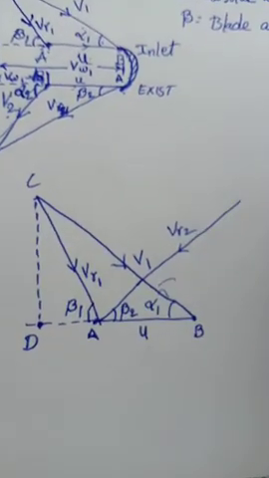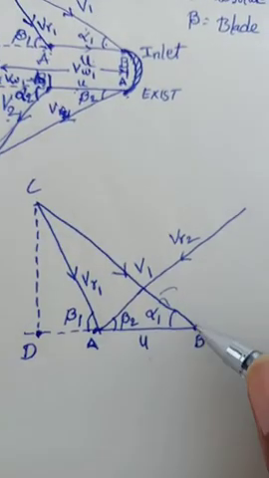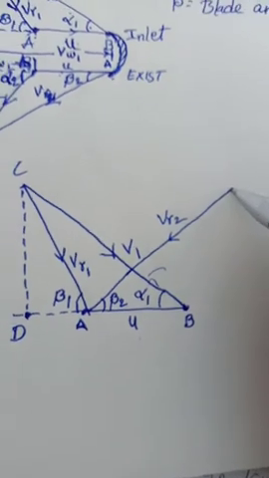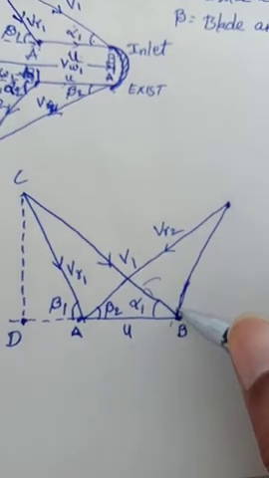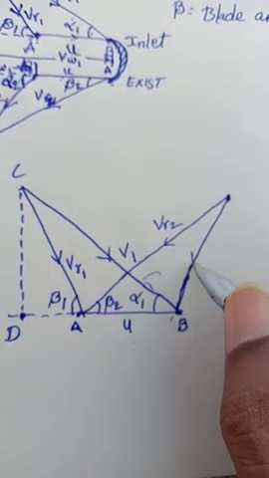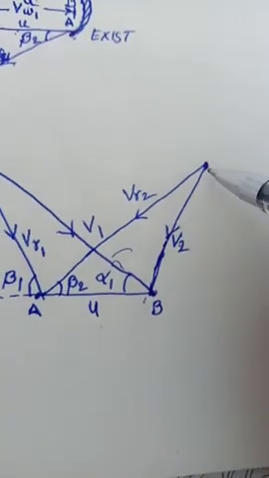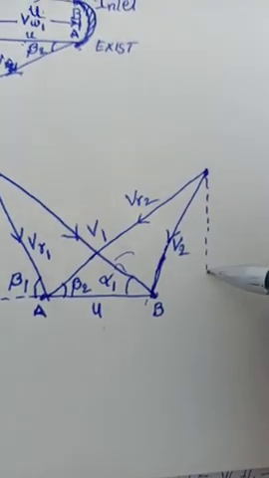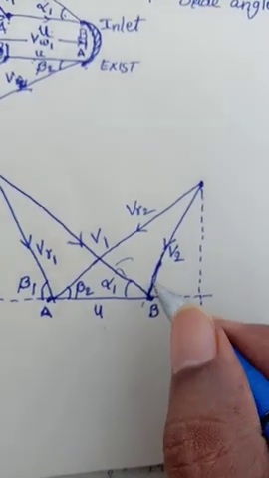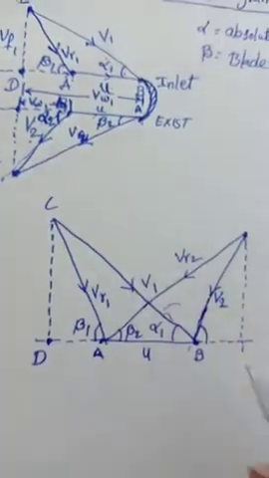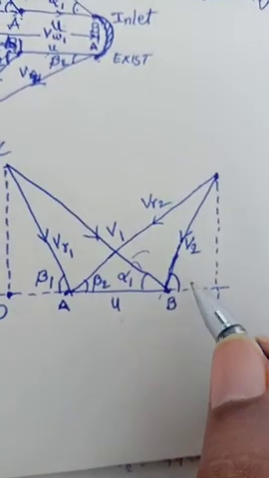And now we are going to draw here velocity. So it will come to point B, and relative velocity is there, so it can touch this thing. Straightly draw this line, so it will come here V2. Then similarly we are going to draw one vertical line and one horizontal line. Okay, then this angle is coming from here alpha 2. Look at this, this is alpha 2 in hidden lines alpha 2.